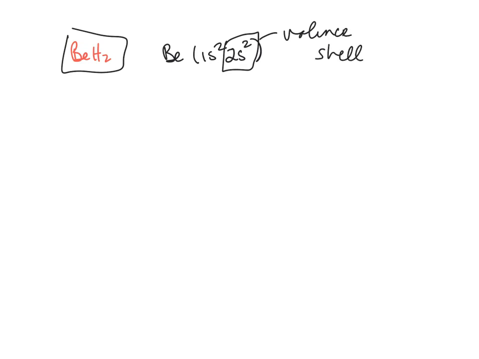All right, what do we know about beryllium? Beryllium, if you look in the periodic table, it's in group 2. And the electron configuration is 1s2, 2s2. So there are 2 electrons in the valence shell. And if you remember, that was one of the exceptions to the octet rule.